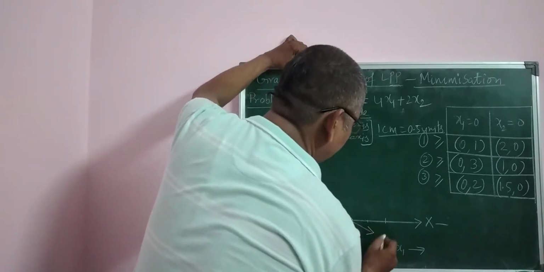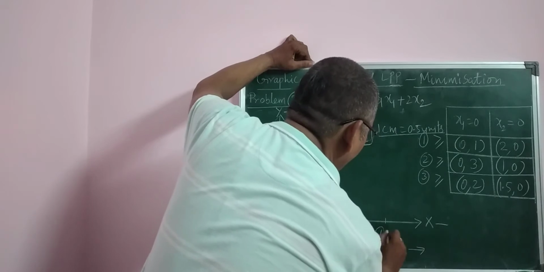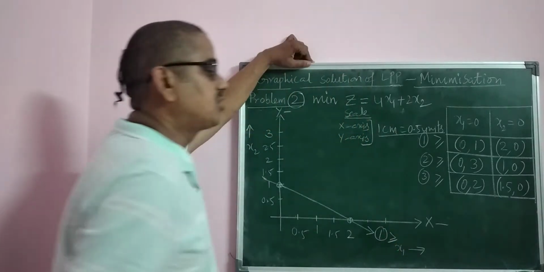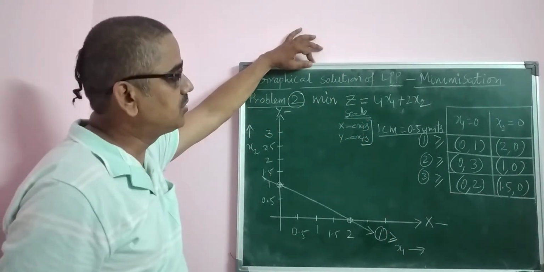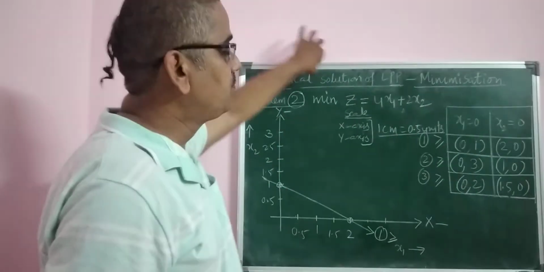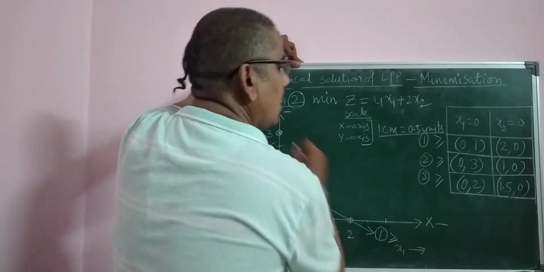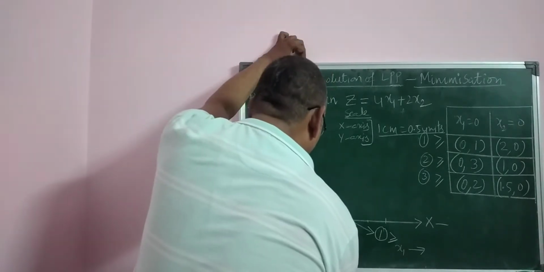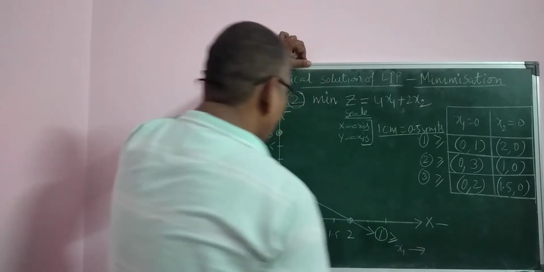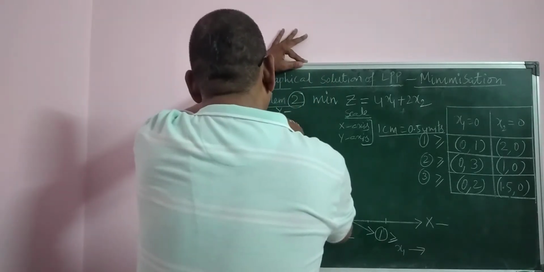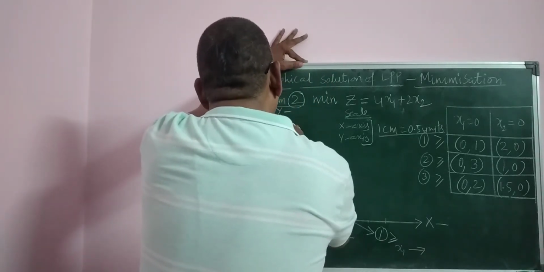This is the straight line we have obtained, equation 1, greater than or equal to. Now take equation 2: (0, 3) is this point, and (1, 0) is this point. Join the points. Roughly I am drawing here.